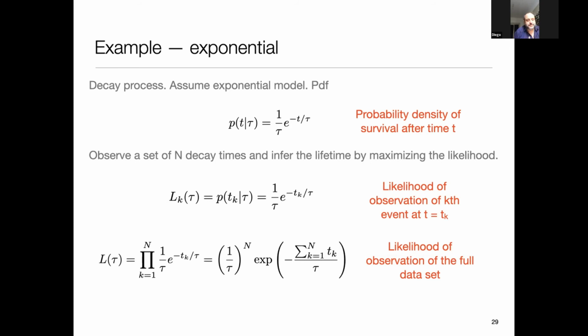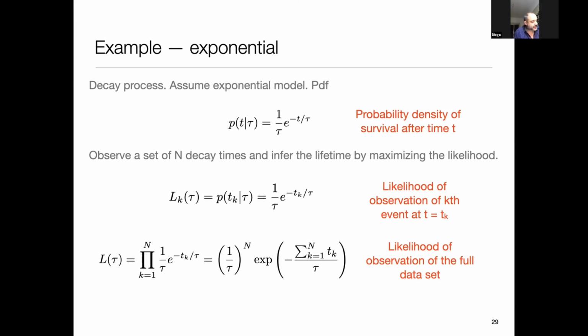So if in your experiment, you observe a set of n decay times for a number of particles, and you try to infer the lifetime, all you do is write your likelihood and maximize it, okay? So the single event likelihood, if you have only one particle, one decay, you write this.